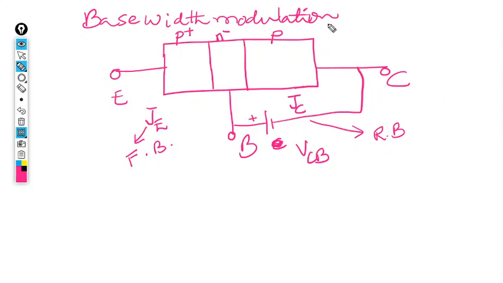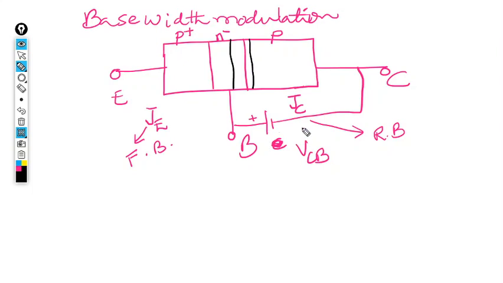VCB is applied like this. In this case, the collector junction is reverse biased. As the collector junction is reverse biased, a depletion region is formed like this.